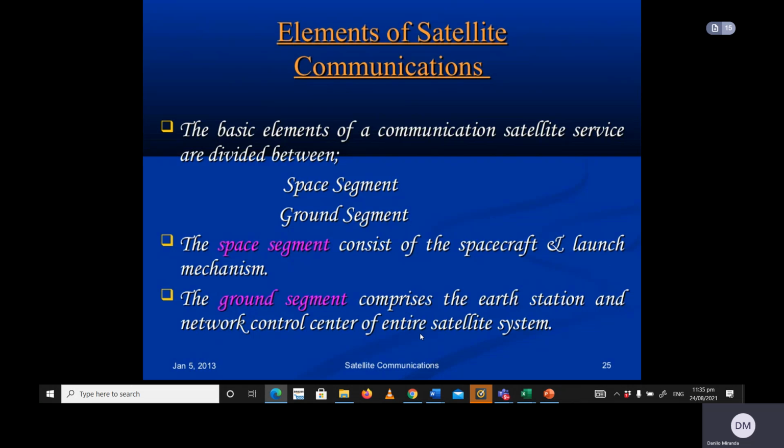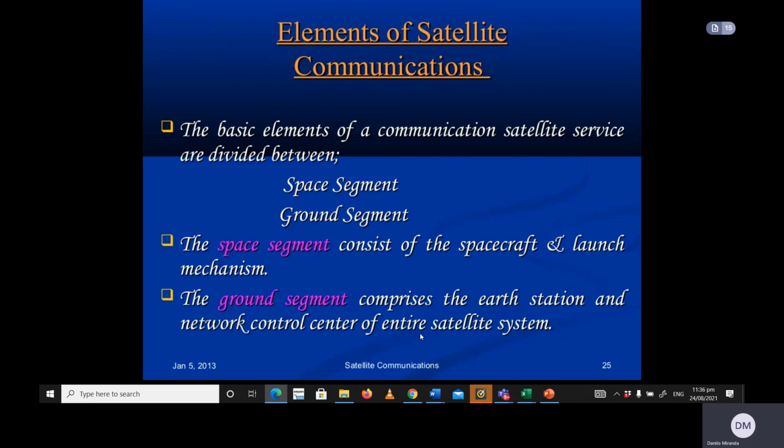What are the elements of satellite communication? Anyway, I don't know if you still have another subject on GSM or microwave, but I know you still have one more subject on microwave. We will see, I think in the 4th year, 2nd term.